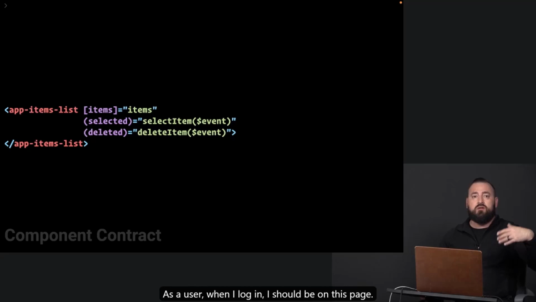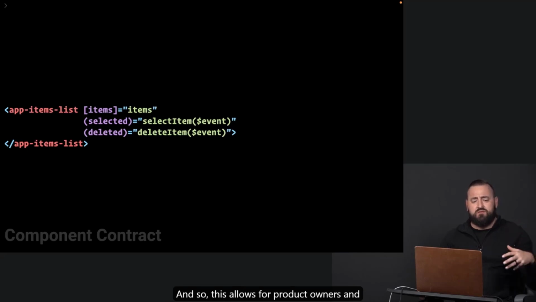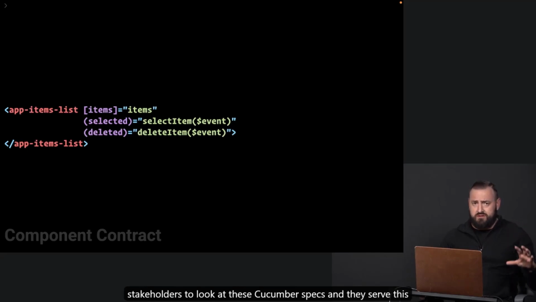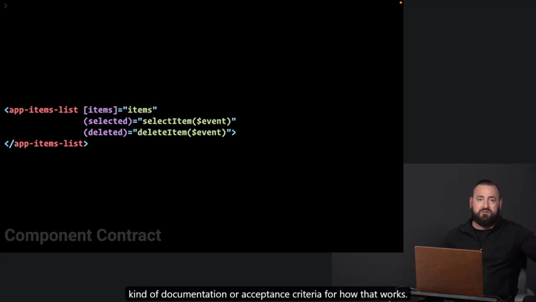As a user, when I log in, I should be on this page. And so this allows product owners and stakeholders to look at these Cucumber specs, and they serve as a kind of documentation or acceptance criteria for how that works.